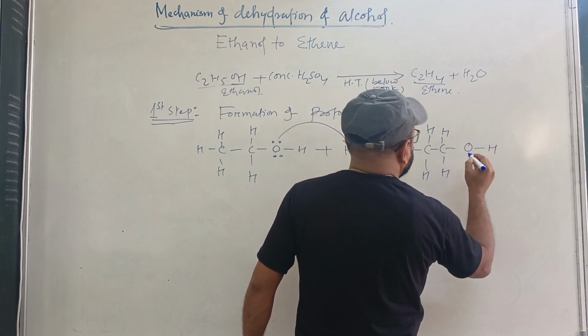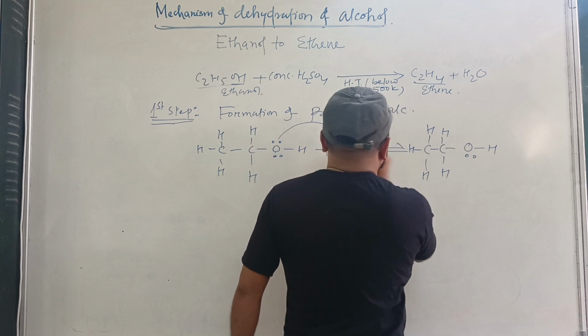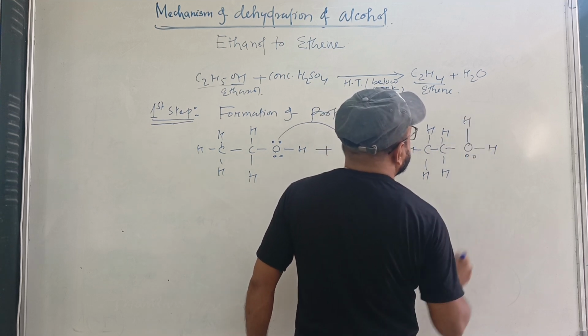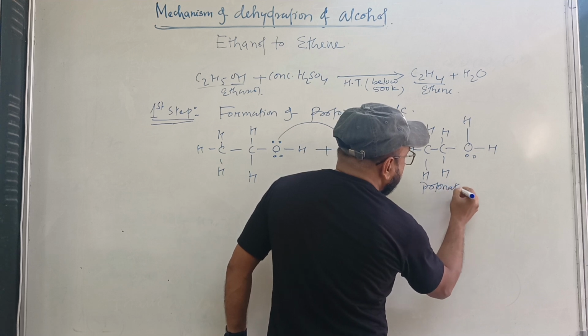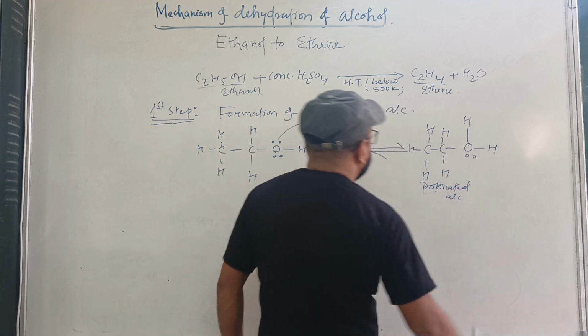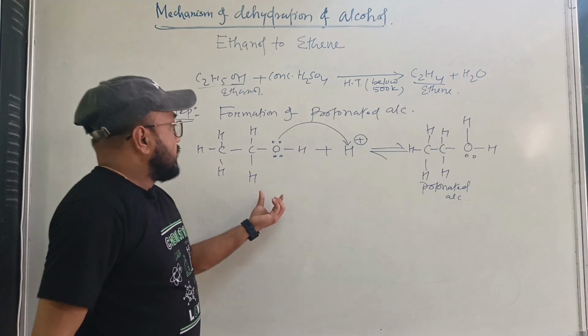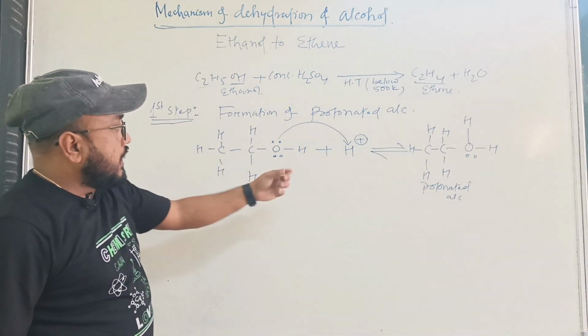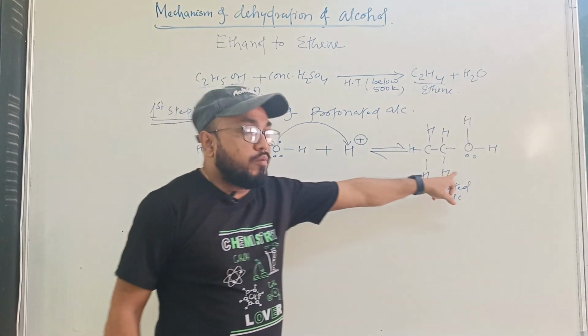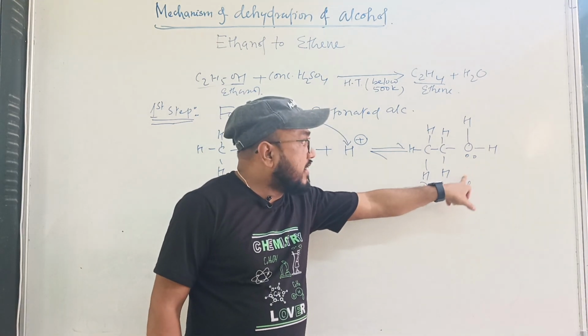In this step, the ethanol molecule attaches with a proton and forms protonated alcohol. This is the first step.